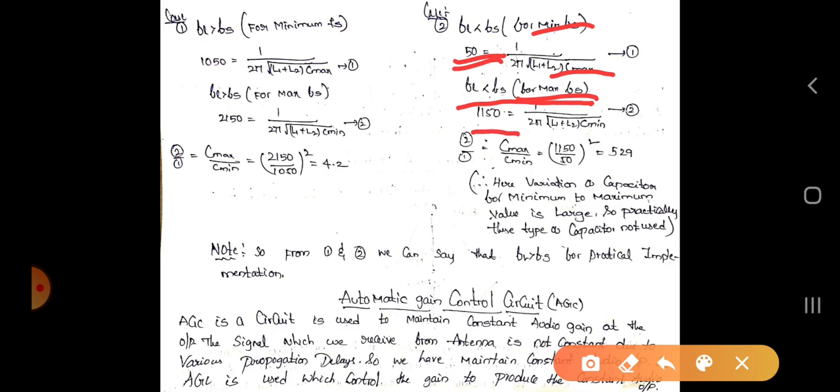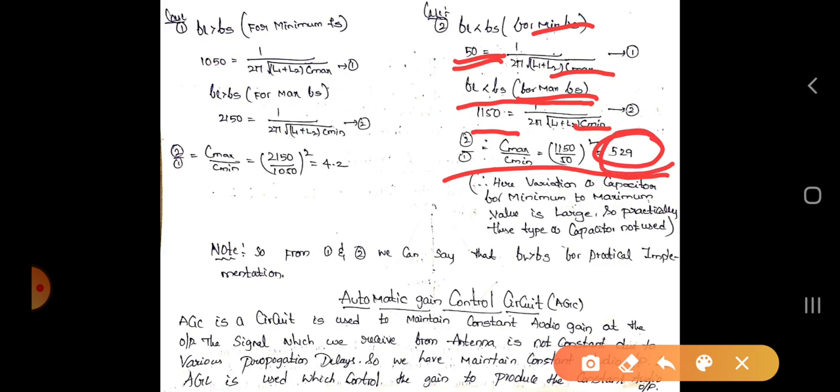Therefore, 1150 kilohertz is equal to 1 divided by 2 pi square root of (L1 plus L2) into C minimum. Why C minimum? Because of the maximum FS. Now we will take the division of 2 by 1, that is C max divided by C minimum is equal to 1150 divided by 50 whole square. Then you will get 529. If you see this figure in the second case, the maximum to minimum variation is 529 times.